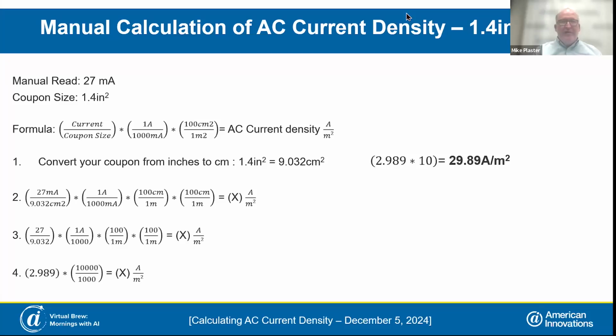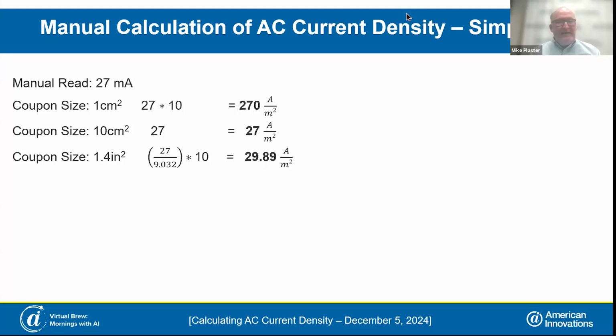So, 3 different scenarios, and I want to simplify all this for you so you don't have to always run through all of these calculations. It's pretty easy to do. If you've got a 1 centimeter squared coupon, taking a milliamp reading, you multiply it by 10, and that'll give you your current density. If you've got a 10 centimeter squared coupon, you just take your milliamp reading and it's 1 to 1.